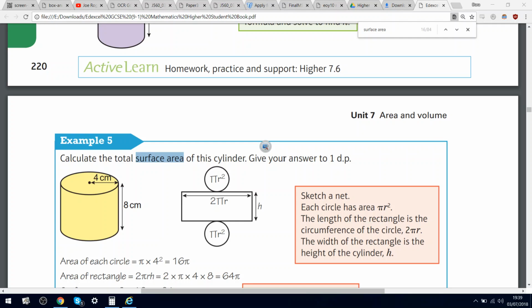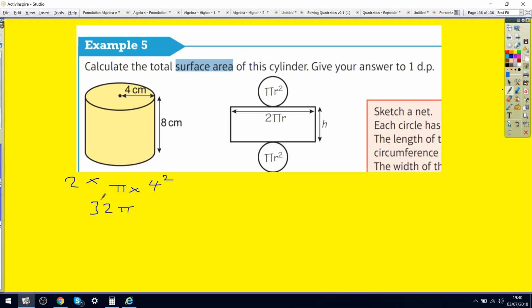So we need the circumference of the circle next, so that would be pi d, which gives us 8 pi. Then we have that times 8, so 8 pi times 8 gives us 64 pi.